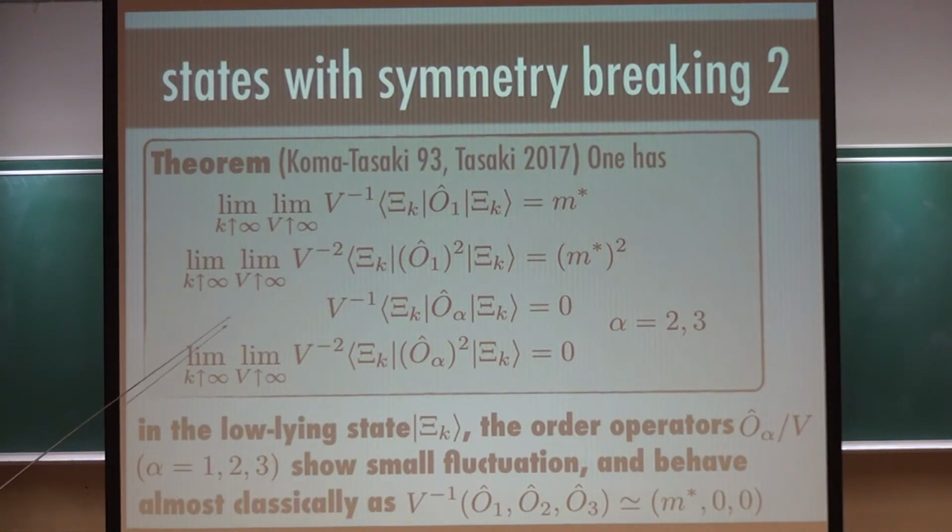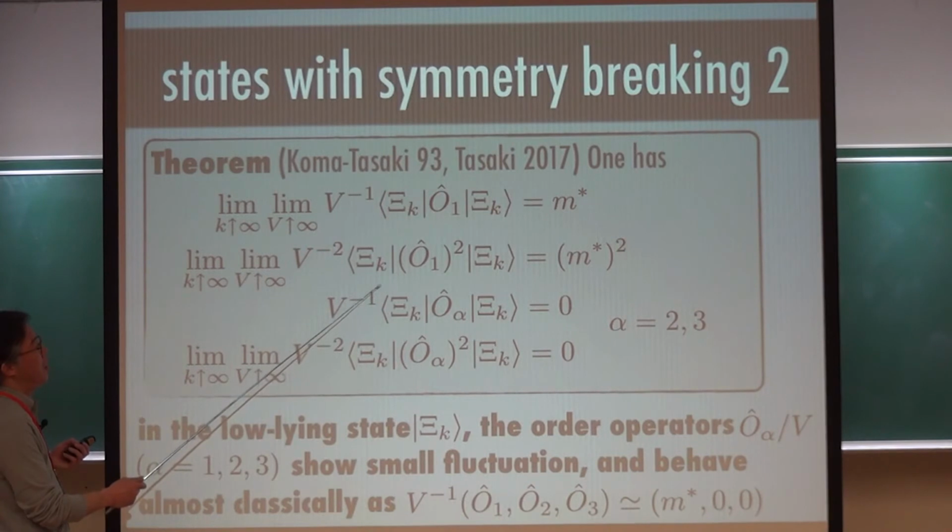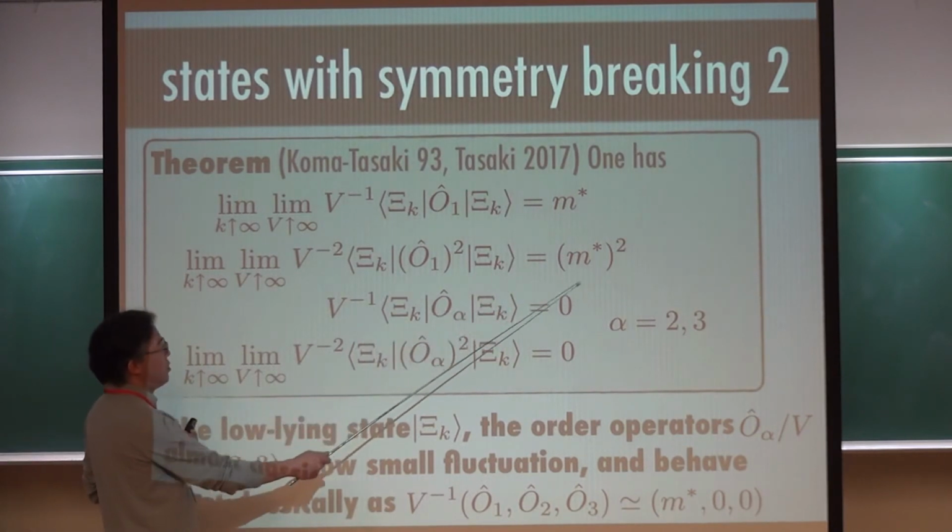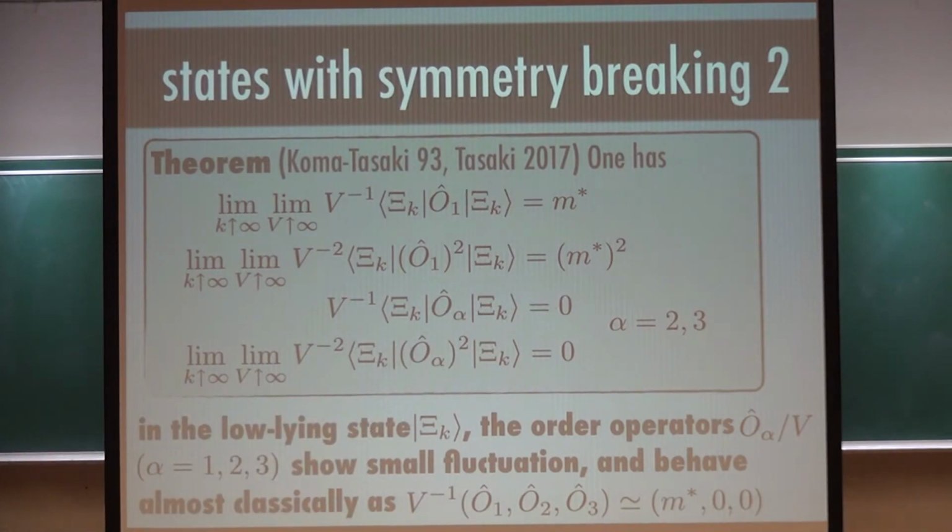This is also supported by the result for the expectation value of O1 squared. In the same limit, O1 squared divided by V squared is equal to m star squared. This means that this shows no fluctuation, and for the other components it's 0.